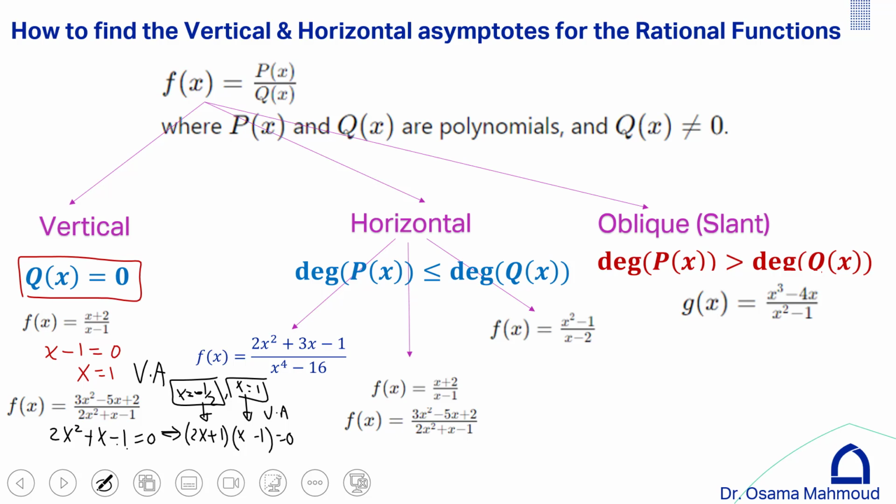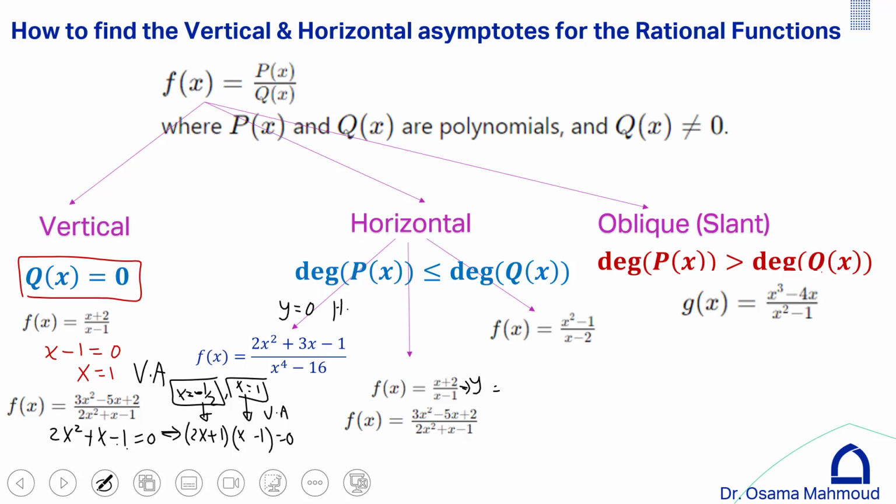Now, how to find the horizontal asymptote? If the degree of the numerator is less, like this case, always put the horizontal asymptote y equal to 0. But when you have the same degree for the numerator and denominator, you put y equal to the coefficient.